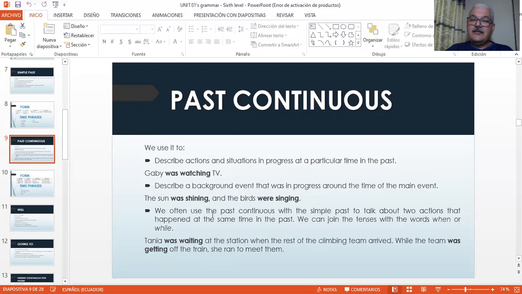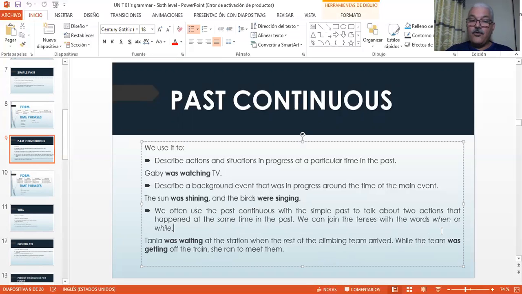Or we use the past continuous with the simple past to talk about two different actions, okay? One was longer than the other, and they happen more or less in the same amount of time in the past. We can join these tenses with the words when or while when we are speaking.